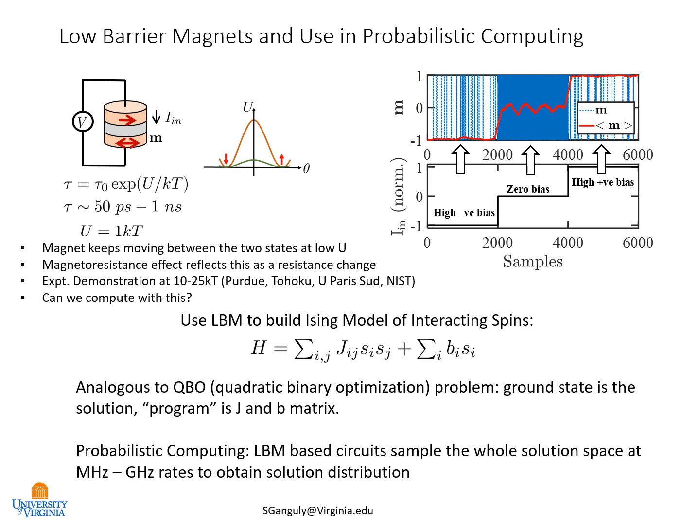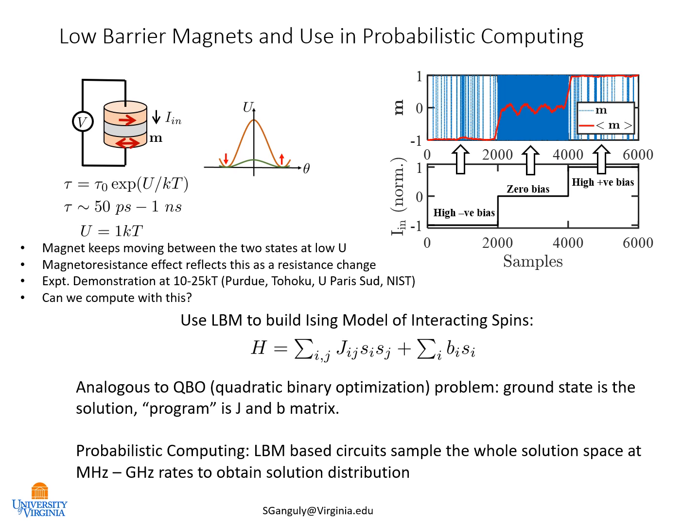And how can we compute with this? This is the interesting part. One example is that you can build a low barrier magnet based Ising model of interacting spins. You have all these spins S_i S_j denoted here, and given the interaction matrix J and the bias matrix B, you get a certain energy Hamiltonian.